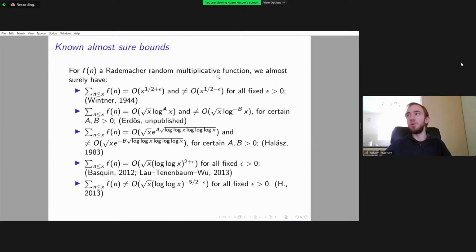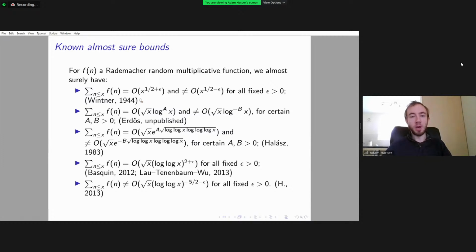I want to go through quickly some of what was proved about this partial sum of a random multiplicative function. Wigner himself proved that the partial sum is big O of x to the half plus epsilon, almost surely for all epsilon. And it's almost surely not big O of x to the half minus epsilon.